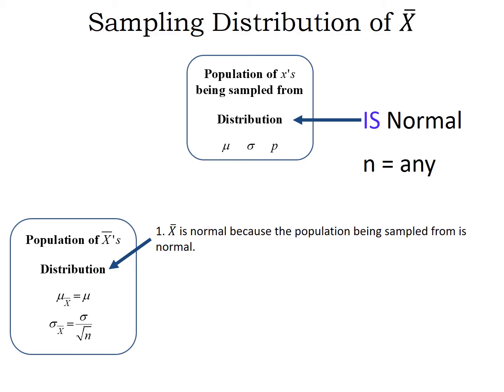Now, reasonable question: what happens if the parent population is not normal? Here we have to get a little bit more complicated. Not much. We have to check the sample size. If the population we're sampling from is not normal, then x bar will not be normal.